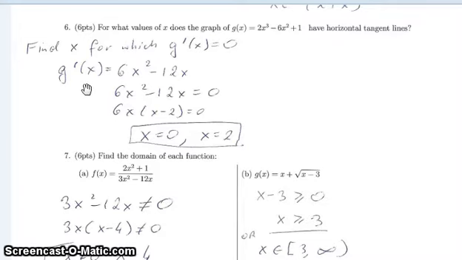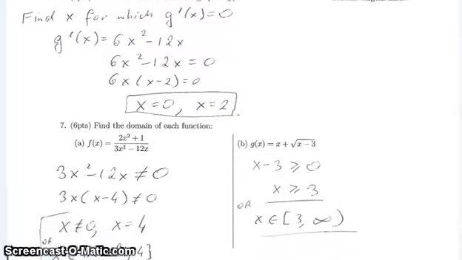So you find the derivative of your function, which is 6x squared minus 12x, so the derivative of 1 is 0, and you set that derivative equal to 0 to find the points. And you have x equals 0, x equals 2. Now I don't need to find the y coordinates because the problem asks me for what values of x. So I'm just wondering about x's, not y's.